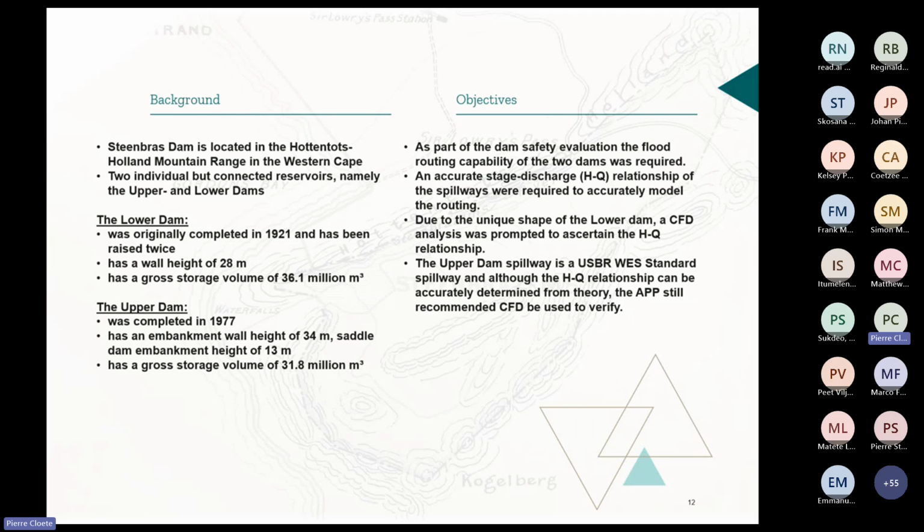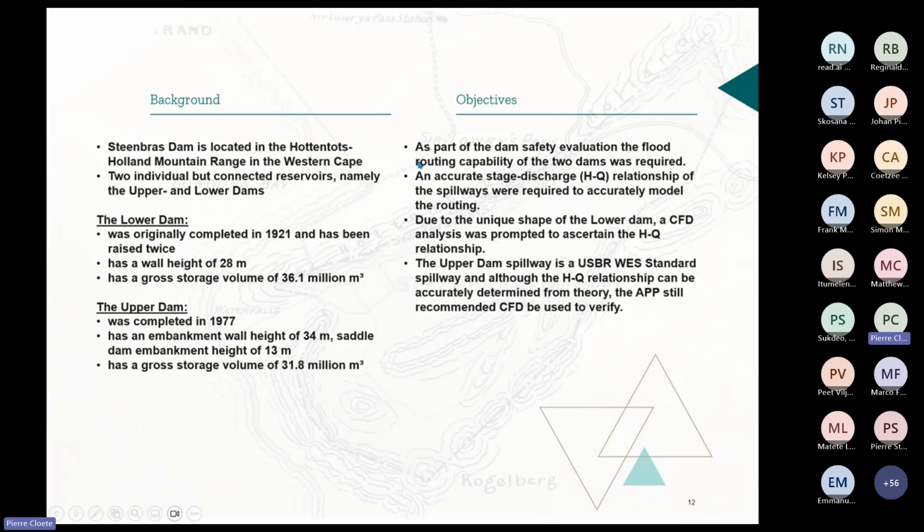It consists of a main embankment dam, which is about 34 meters in height, as well as a saddle dam of approximately 13 meters in height. It has a storage volume of 31 million cubic meters, and it also forms part of the pumped hydro storage scheme at the Steenbras dam.